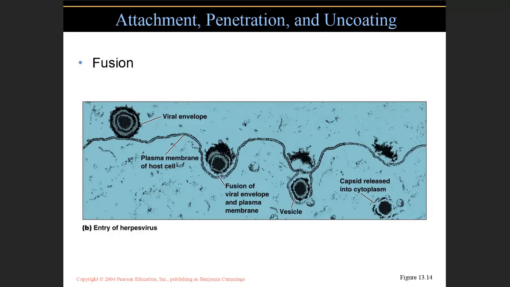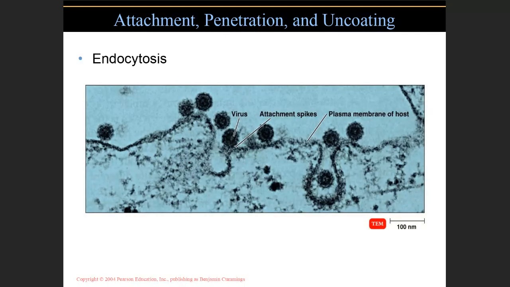So here we see an example of fusion, where we have a membrane-bound virus, and the membrane can fuse with the host cell membrane, and that helps the virus to get inside. But for most animal viruses without membranes, they land on cell surface receptors, and the host cell engulfs them, surrounds them with membrane, forming a vesicle to move that virus to the interior of the cell.